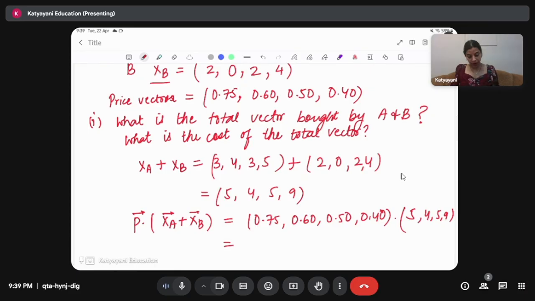So when you'll do that, you will multiply 0.75 with 5, then add it to 0.60 into 4, 0.50 into 5, and then 0.40 into 9, right? And the final thing that you'll get would be 12.25. So here you can see that dot product can be used to find out the total cost of this particular vector, right?